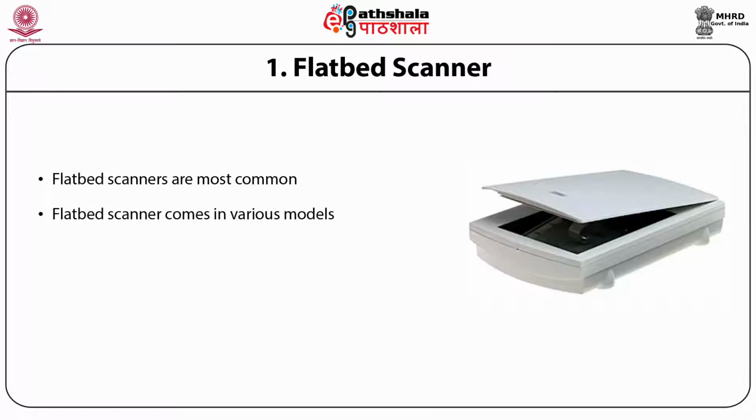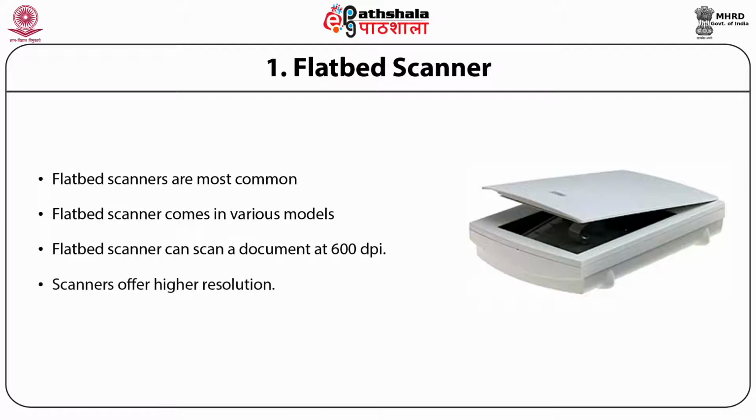Nowadays, flatbed scanners come in various models like right angle, prism, and planetary or overhead to handle bound volumes and books. This flatbed scanner can scan a document at 600 dpi. Many flatbed scanners offer high resolution.